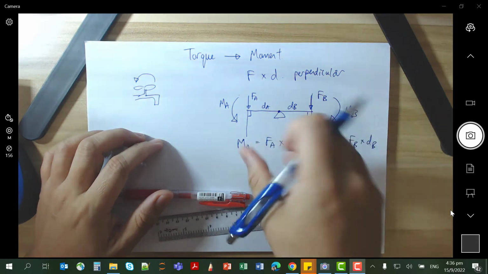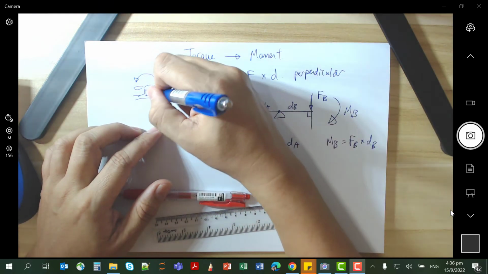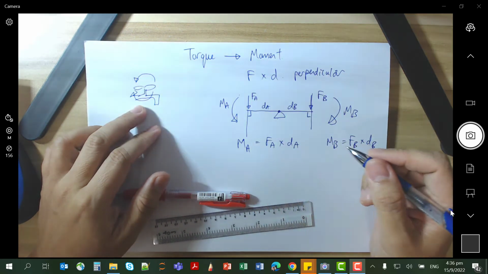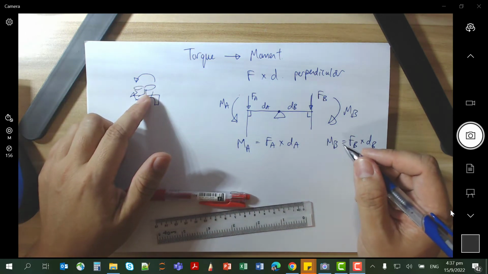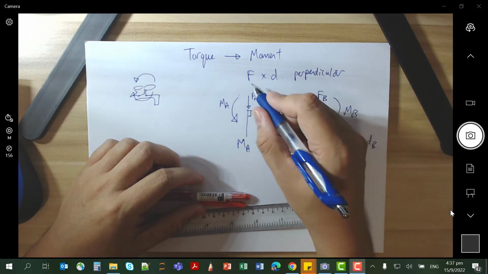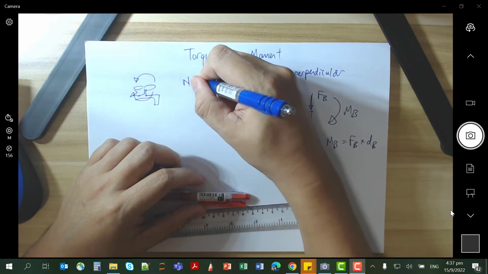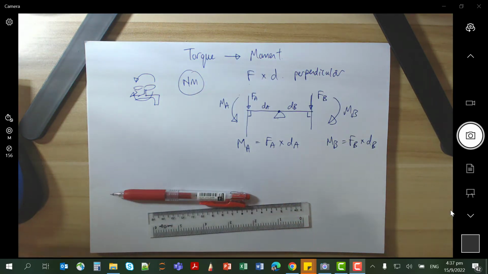When you want to close it off, you turn the opposite way, so you turn clockwise to turn it off. That is applying a torque on the tap itself, some kind of a twisting force. And since it's F times D, the unit will be Newton times meter, Newton meter. That is the unit for torque.